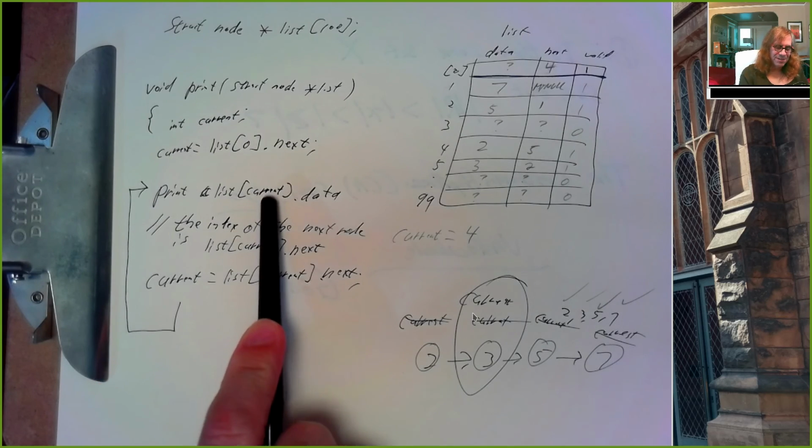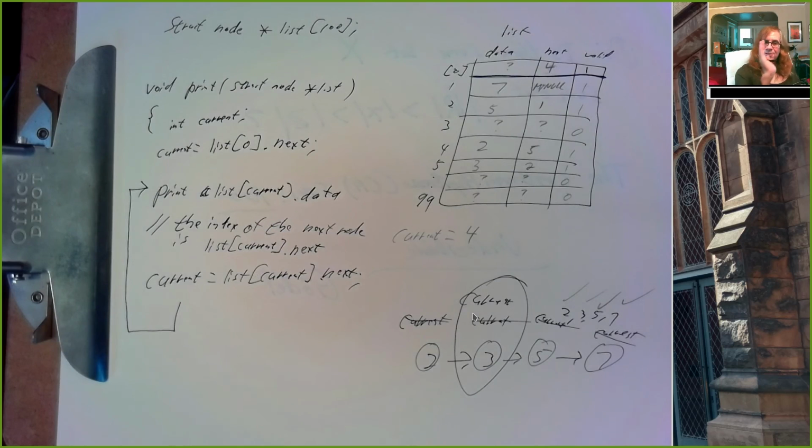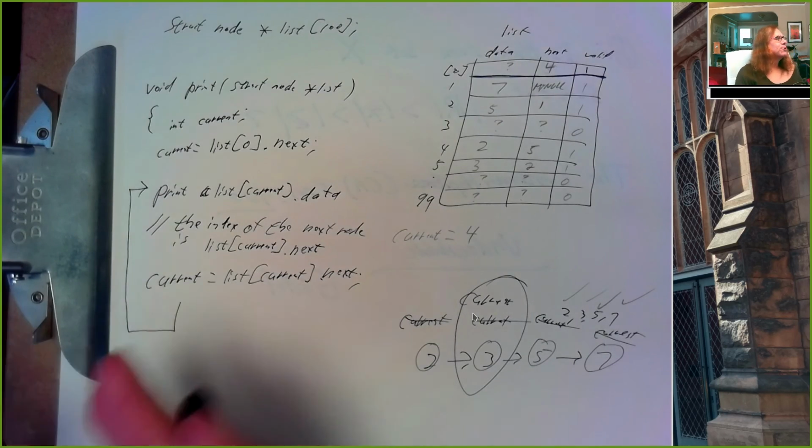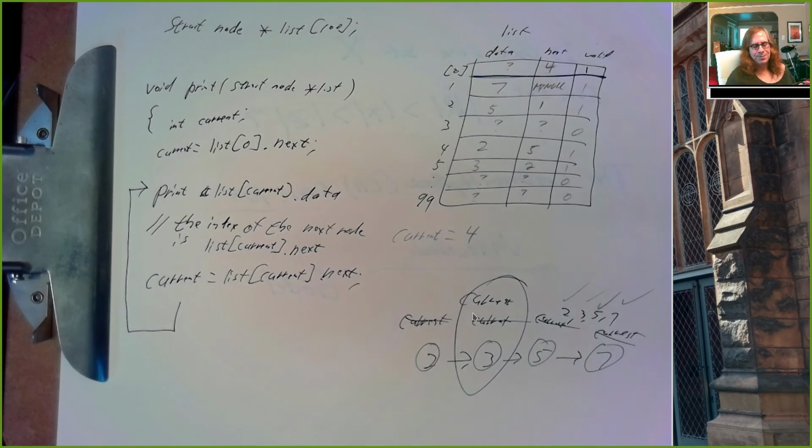Go back, print the data value, move to the next node in the list. This is traversing the list. And this is what we're going to do when we search, when we delete, when we print, when we free up the list in PA2, when we do anything with our data structures, right? Typically we have some way of traversing or moving through all the stuff in our data structure.